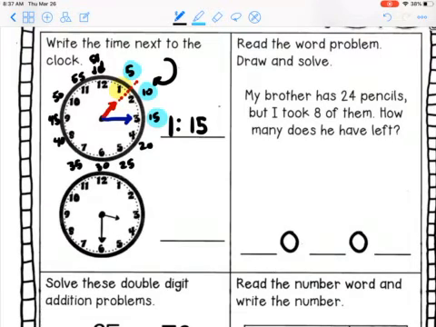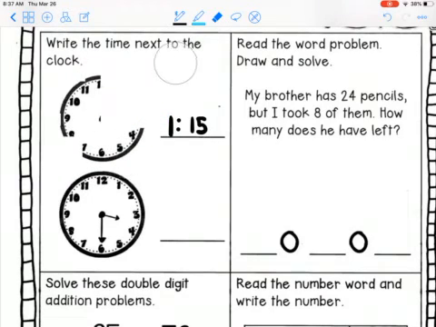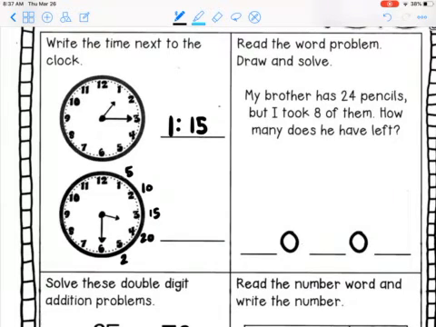So I'm going to go ahead and label this bottom clock for you all. If you use this video, then you can tell the time for it. But I'm going to go ahead and label it for you with the minutes. So this is 5, 10, 15, 20, 25, 30, 35, 40, 45, 50, 55.